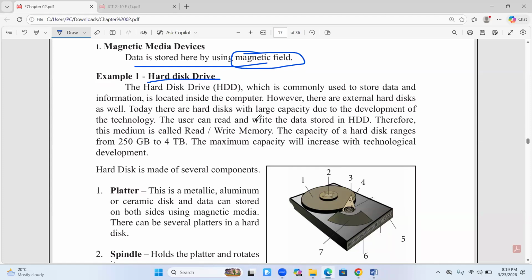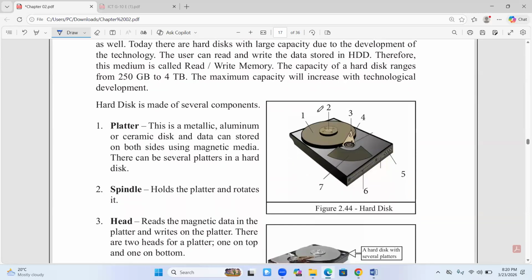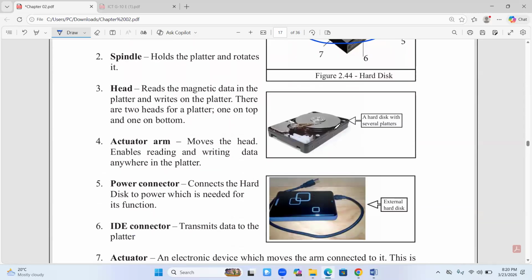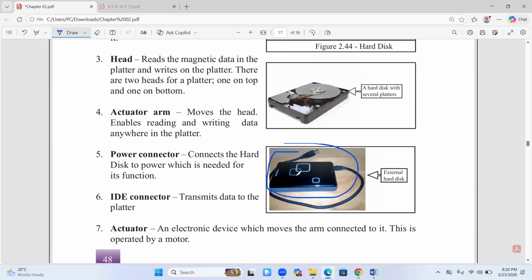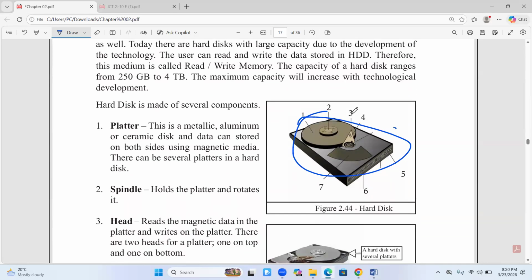We also have two types of hard disk: internal hard disk, and external hard disk, which can be connected externally to the computer. Inside this hard disk, there are several parts.